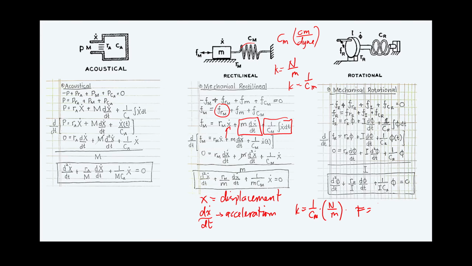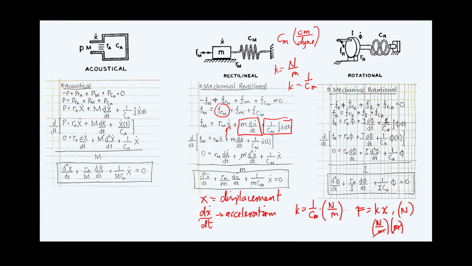If you have a spring, the force of the spring is kx. If I'm not mistaken, this should be kx. That's a force, because the unit of this one is Newton over meter, multiplied by meter, the x is the displacement, so they cancel. So the unit of this one is Newton, so that's the force.